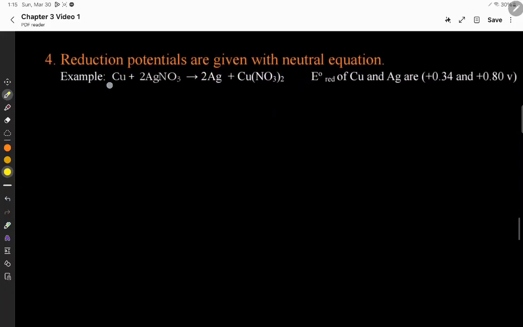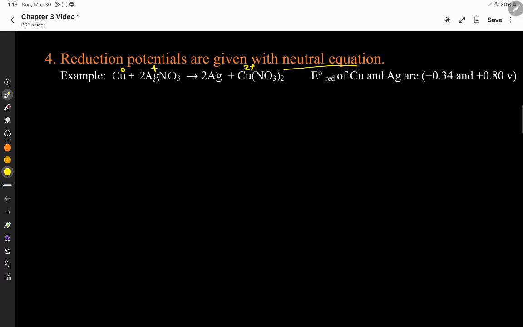Let's see the other type of question. It tells you the reduction potentials are given with a neutral equation. Now in this case you need to determine what was positive, what was zero and became what, what is oxidized and what is reduced. If we look at this one here, copper is zero. Copper after the arrow is positive, so copper goes from 0 to positive.